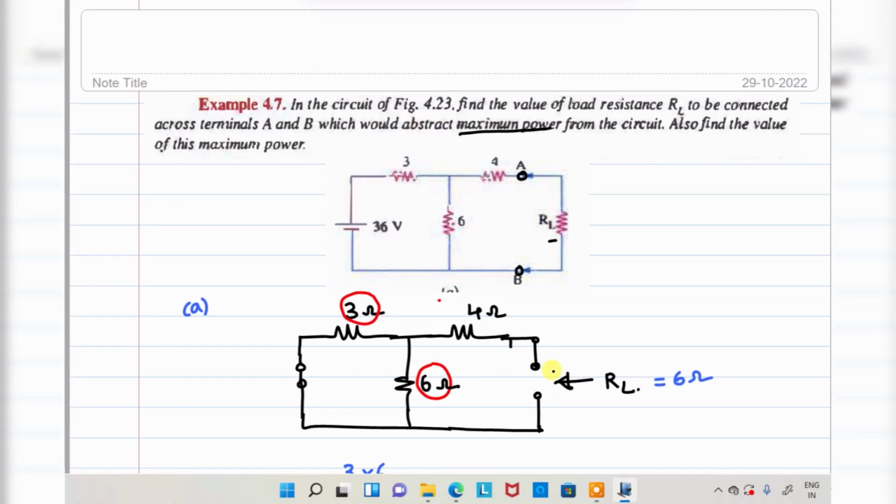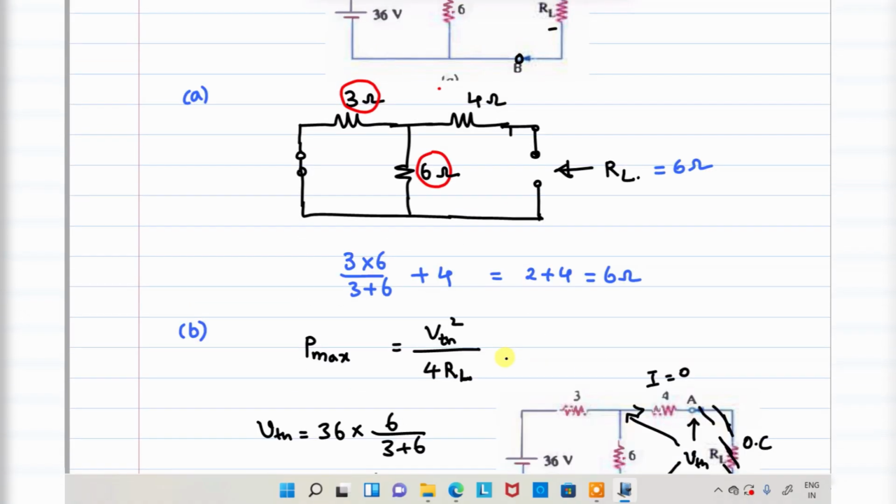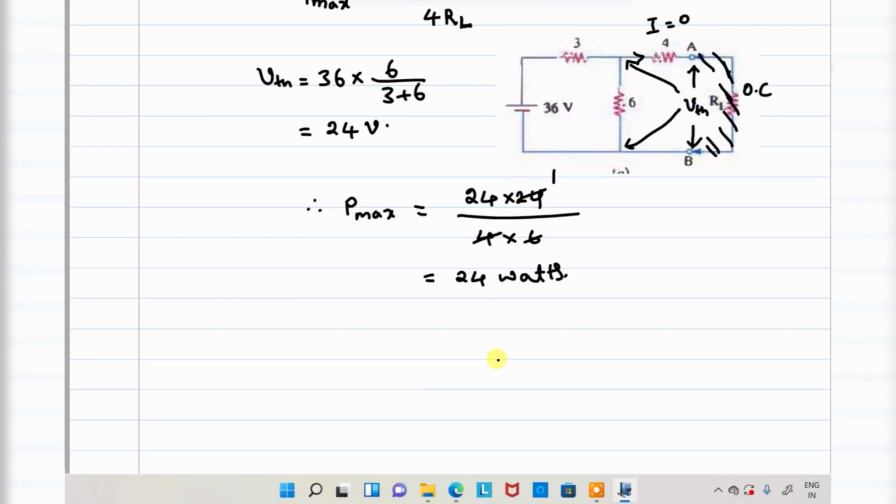From the examination point of view, either they will ask the load resistance, otherwise they will ask both. What is the maximum power transfer? If they are asking, the maximum power transfer is 24 watts. If they are asking for load resistance, that is 6 ohms.